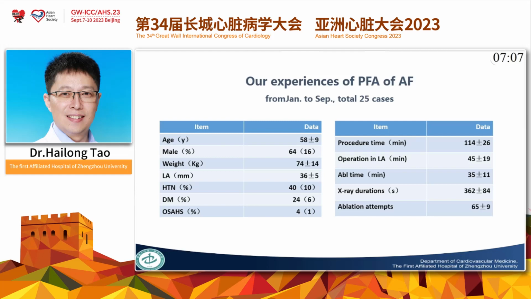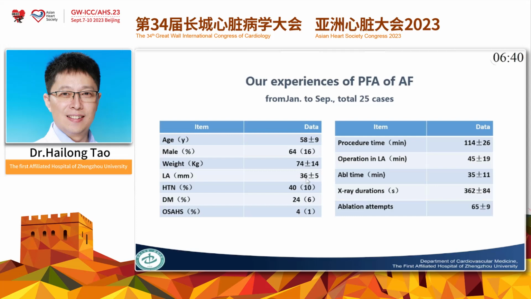And also, we conduct PFA for atrial fibrillation in our center. Till now, we have completed 25 cases. That's the data of this patient. One of them is a 50-year-old, 64 is a male patient, and their left atrium is not so large.